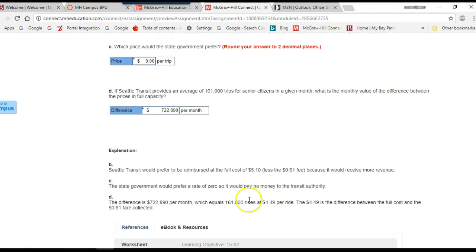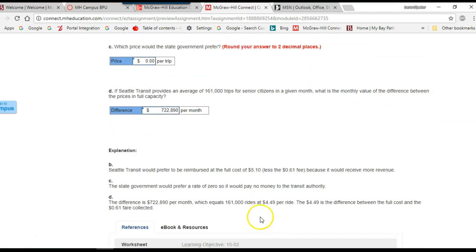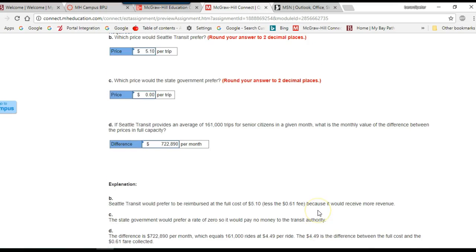To solve that problem, just simply take the full cost at $5.10 minus the 61 cents, and you'll get $4.49. So just take the difference between the full cost and the fare collected on your problem, multiply it by 161,000 trips, and you'll get your answer.